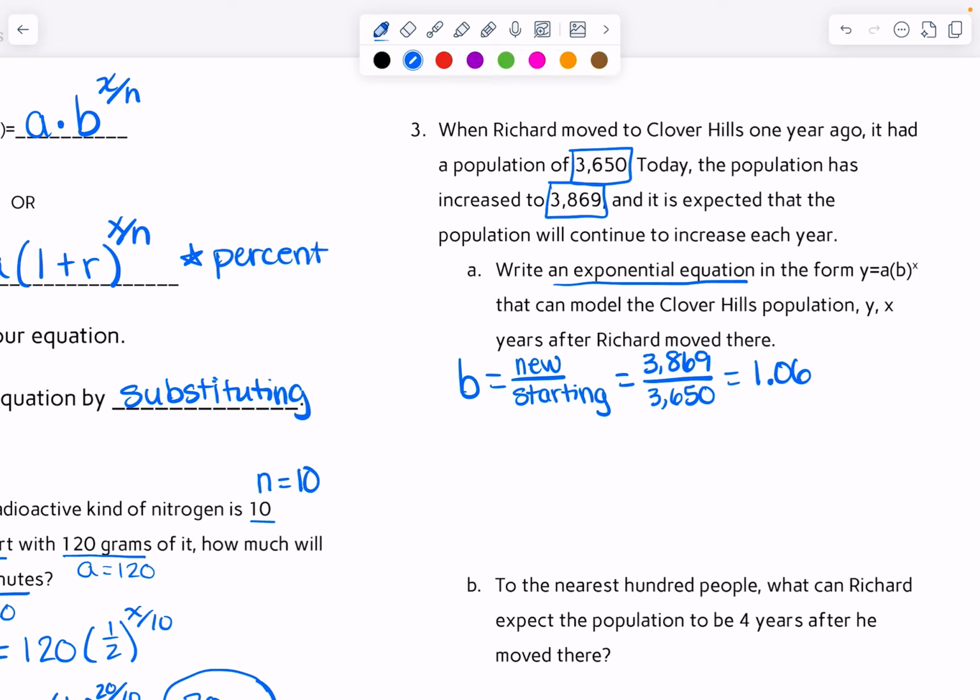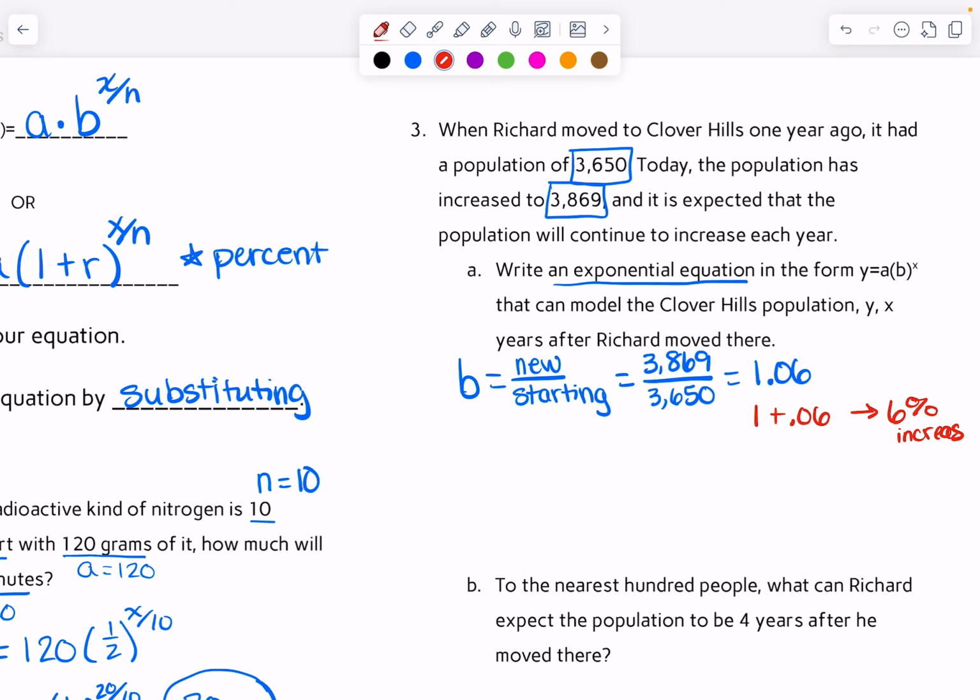So if we break that up, that's telling me that I have 1 plus 0.06, right? I have 100% of whatever the population was last year plus 0.06. So this is telling me I have a 6% increase.